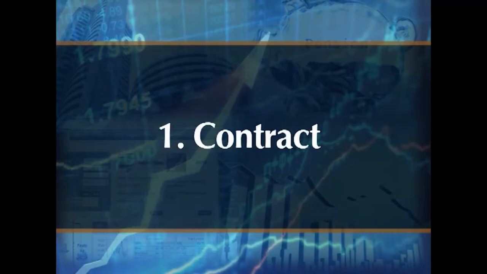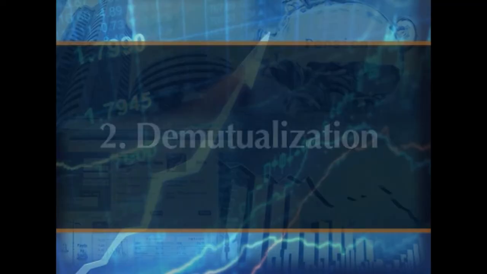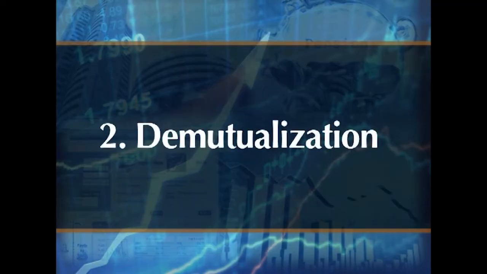Important definitions. 1. Contract. This term is very significant as the Act relates to the securities contracts. Under Clause 8, Section 2 of the Act, contract means a contract for or relating to the purchase or sale of securities. 2.